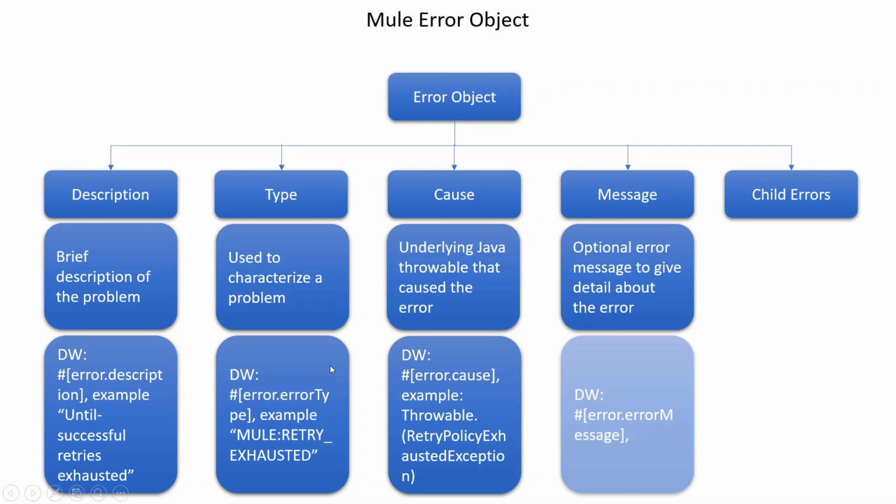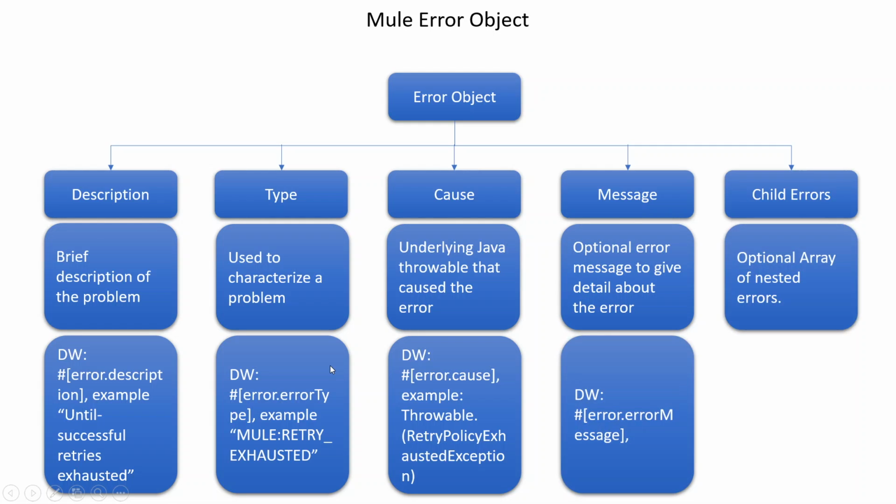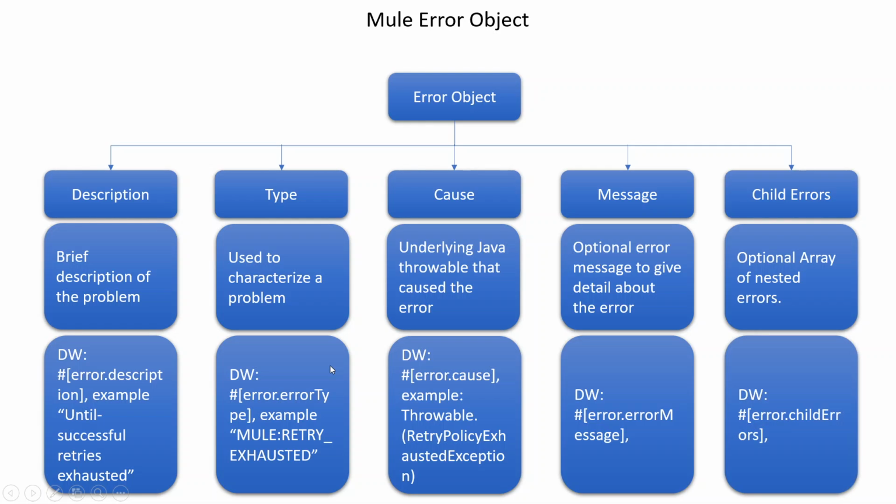Again, message gives you an optional error message. Child errors occur when, suppose, you are using scatter-gather, where a scatter-gather has multiple routes, and those routes can have their own errors, so they fall under the child errors. So error.childErrors is how you get those errors.